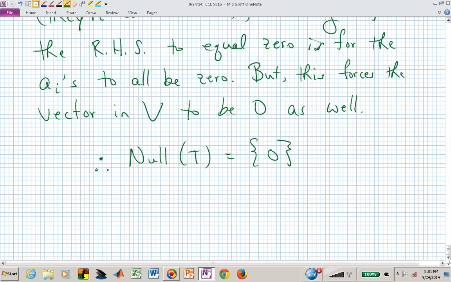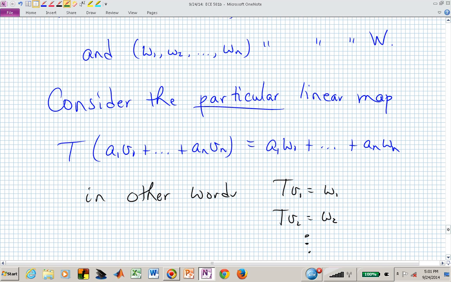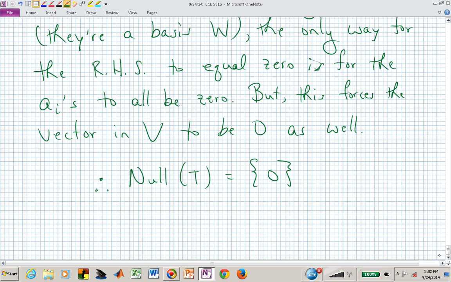The only way for us to have a right-hand side here equal to 0 is if the vector that is being mapped through the linear map T to get to 0 is 0. And what happens when our null space is trivial? What kind of a map do we have? It's injective.